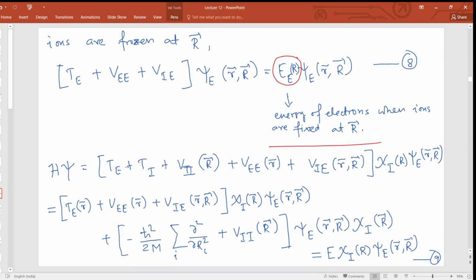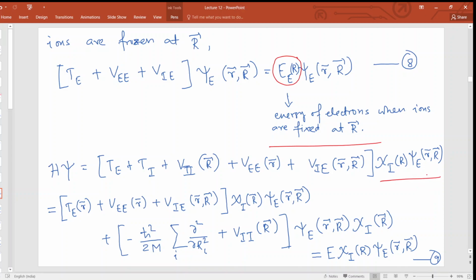So now I'm going further. H psi will be equal to these terms. In general, H psi is equal to T_e plus T_i plus V_ii plus V_ee plus V_ie acting on chi times psi_e. This is the total wave function, of course.